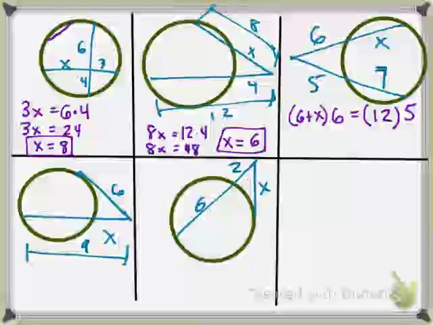What would I do next to solve this? Distribute. So 36 plus 6x equals 60, which is 12 times 5. Then what? Subtract 36. That gives 24. So x is equal to 4.